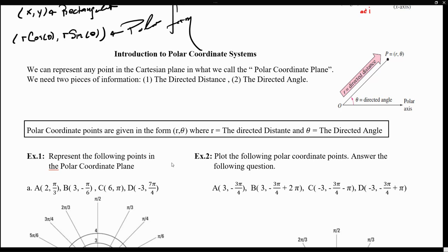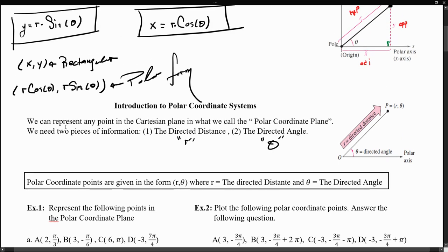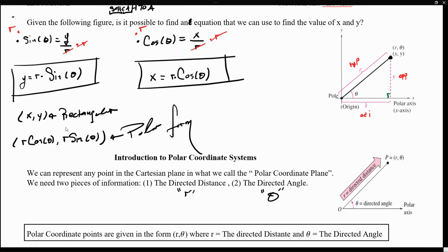We need the directed distance, which we have defined previously as r, and the directed angle, which we have defined as theta. Because notice that that's how we define our polar coordinate point. R cosine theta gives you x, r sine theta gives you y. And in order for you to find this value, you need the value of r and the angle.